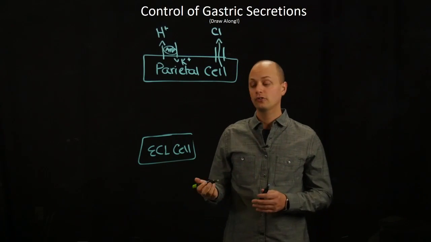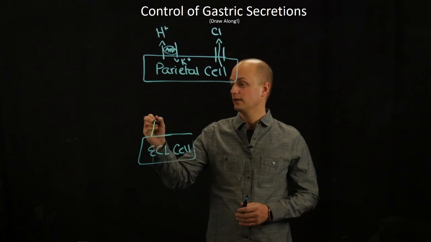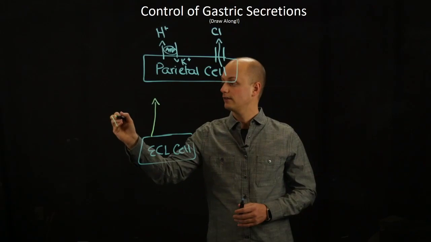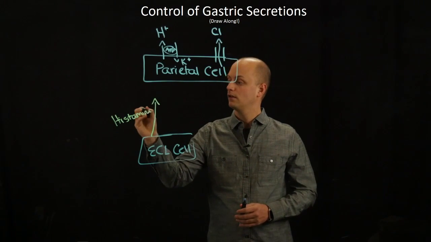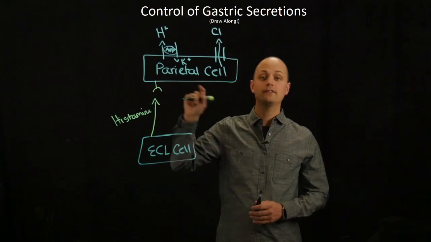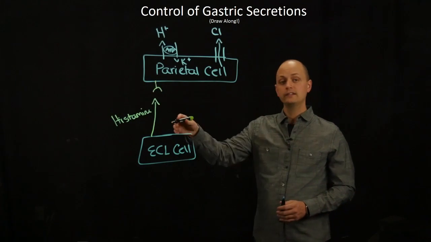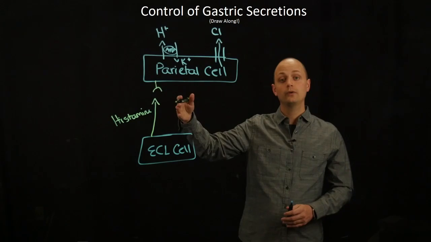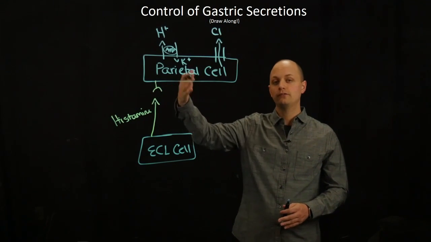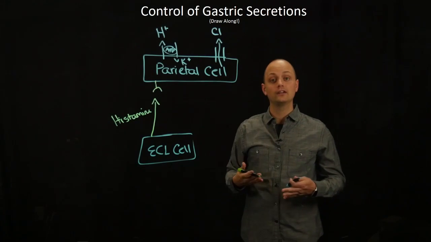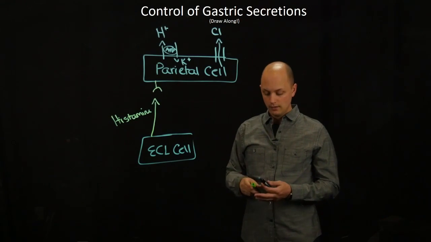So remember that enterochromaffin-like cells release histamine, and histamine has a receptor on the parietal cell that's located on the basolateral membrane. So when histamine binds to its receptor, this is going to activate cyclic AMP-dependent kinases, which will phosphorylate the pump and lead to increased proton pumping.